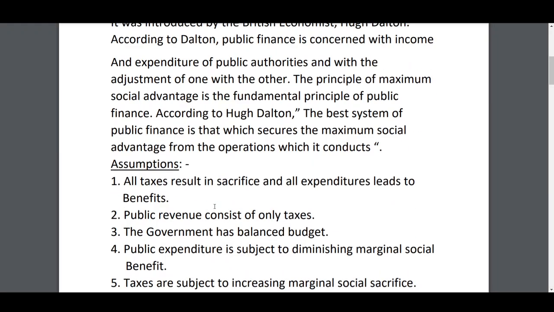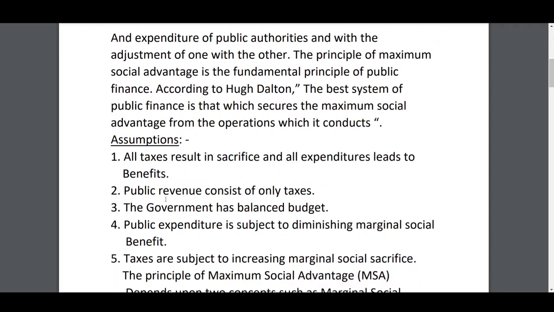Now, what are the assumptions? Assumptions are conditions. The first one: all taxes result in sacrifice and all expenditure leads to benefit. Second assumption: public revenue consists of only taxes.